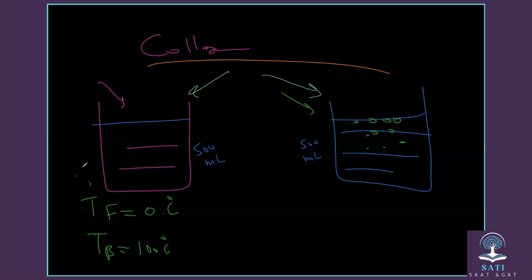So this one becomes a solution. The question now is, in this solution, where there is the solvent, water, and also solute particles, will the boiling point and the freezing point keep being the same as here? Will freezing point be 0 Celsius and boiling point 100 Celsius, or what would happen?